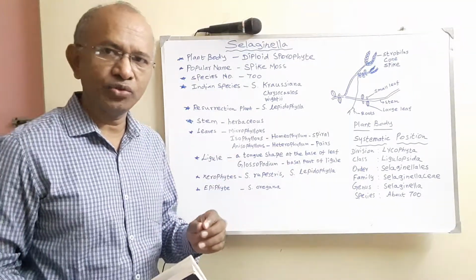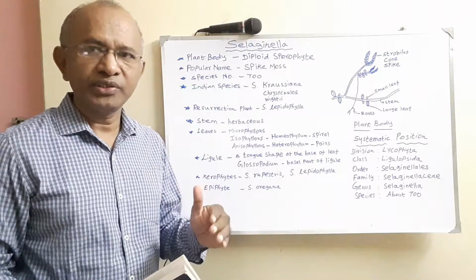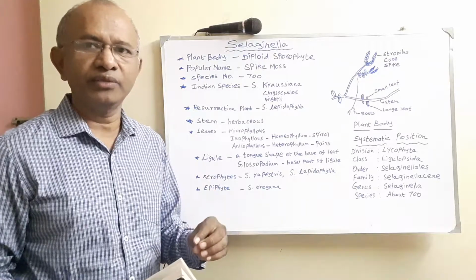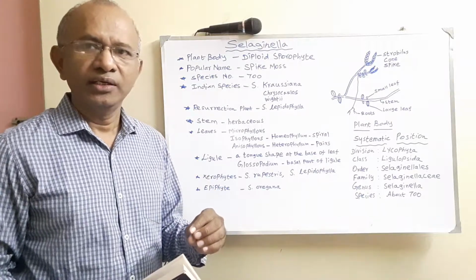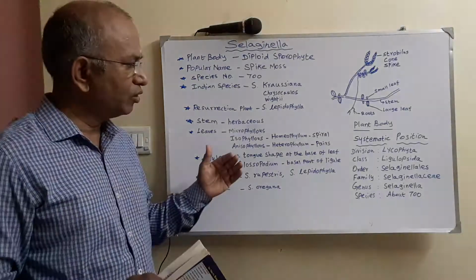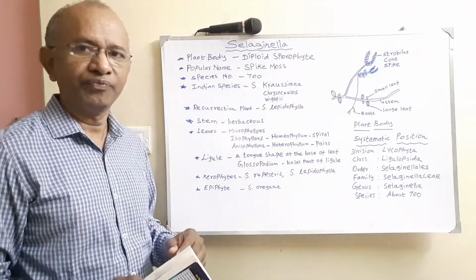Aniso means different. So based on the presence of either the same type of leaves or different types of leaves, Selaginella is further grouped into either homoeophyllous or heterophyllous.